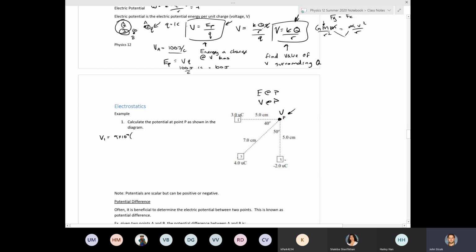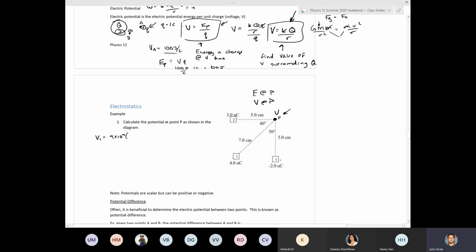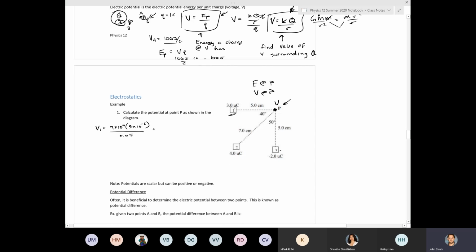So the electric potential created by charge number 1 is going to be 9 times 10 to the 9 times 3 times 10 to the negative 6 divided by R, which is 0.05. That's going to be 5.4 times 10 to the 5 volts.